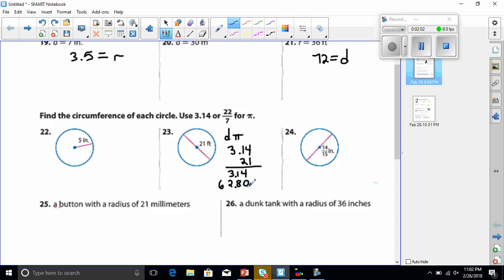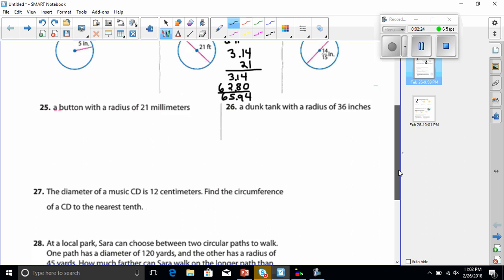And if we follow that out, we'll see that we have 4, 9, let's see, 5, and 6. So I show 65.94. All right, let's go ahead and go to number 25.